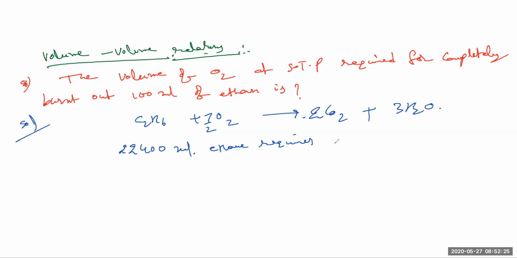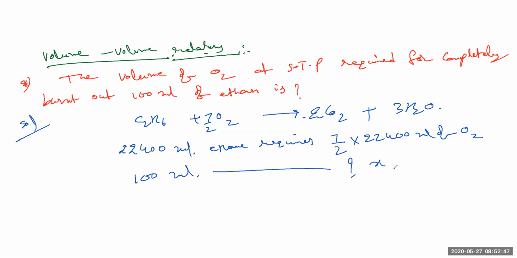That means 7 by 2 into 22,400 ml of oxygen is required. But the volume of ethane is only 100 ml. 100 ml requires what oxygen quantity?